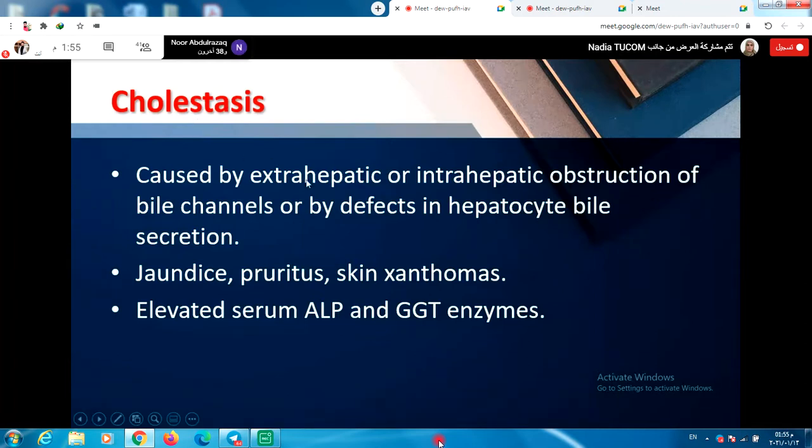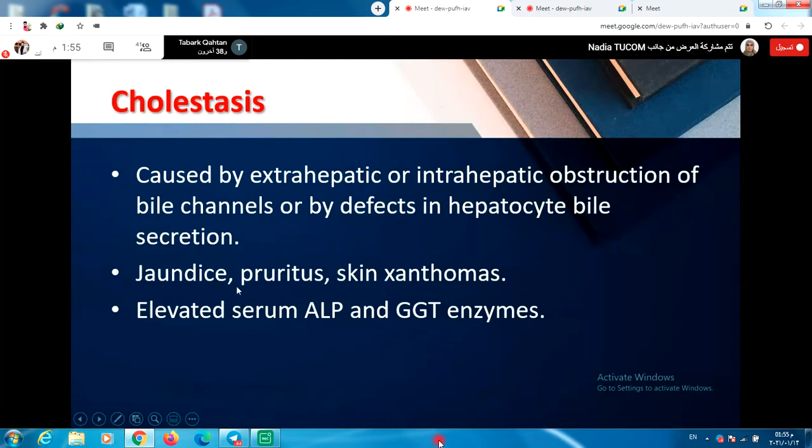It is caused by extrahepatic or intrahepatic obstruction of the biliary channels, or by a defect in hepatocyte bile secretion. Jaundice, pruritus, and skin xanthomas are the clinical manifestations.